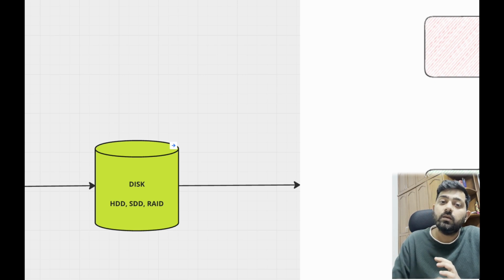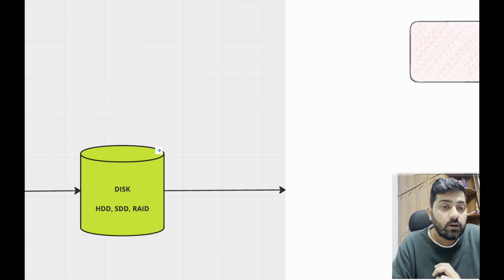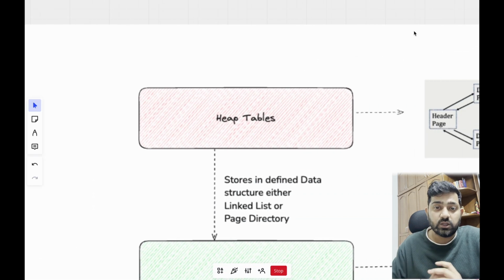So this directly impacts the IO speed, the speed at which we can input and output data from the disk. So this is basically the entire internal structure of the Postgres engine.